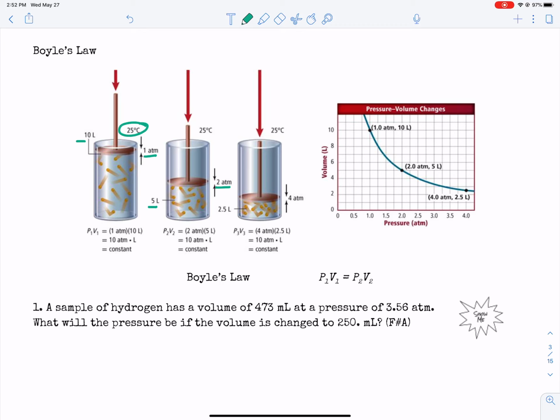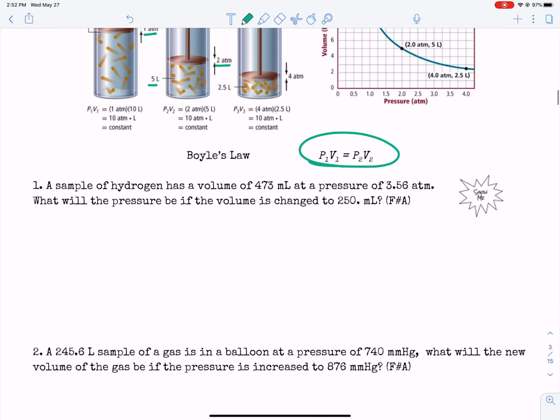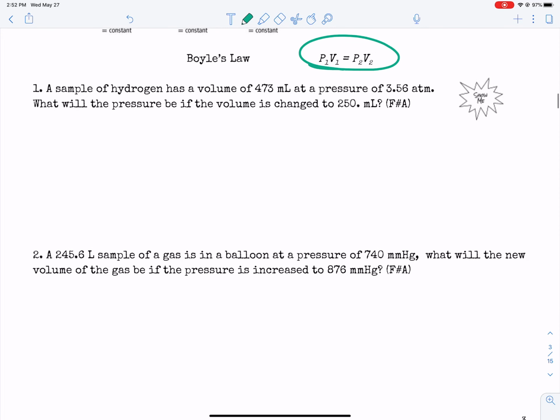In all of these, notice what's the same: temperature is the same. This is exactly what we saw in our factors that affect pressure. When you decrease the volume, you increase the pressure. And mathematically, that is represented by a law that we call Boyle's law, and it is P1V1 equals P2V2.